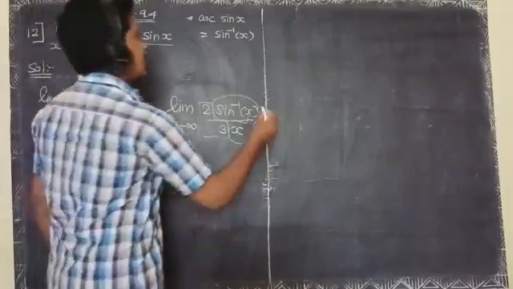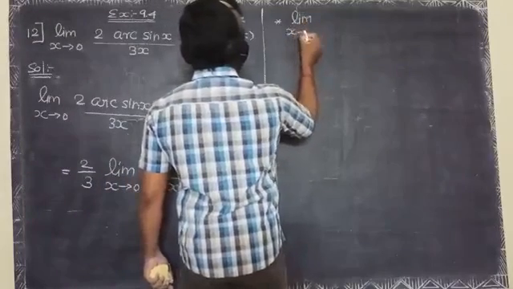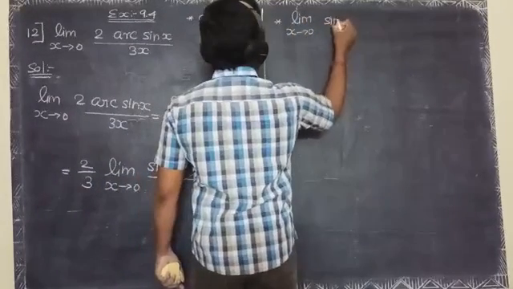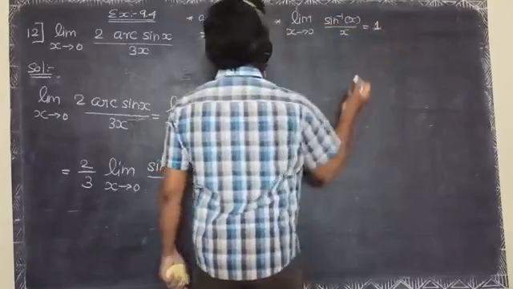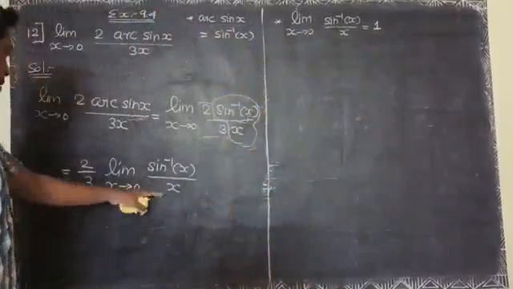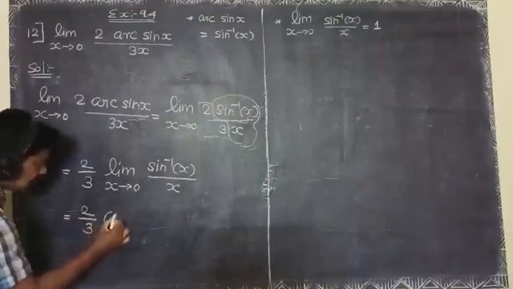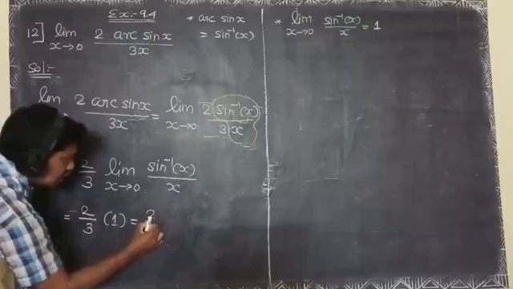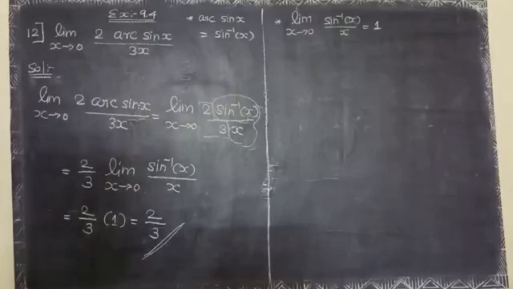We know the result, limit x approaches 0 of sin inverse of x divided by x is equal to 1. Using this result, 2 divided by 3 into 1, which is equal to 2 divided by 3.